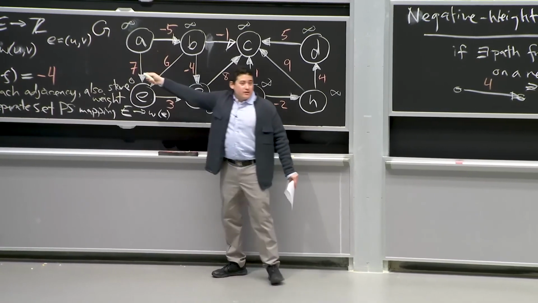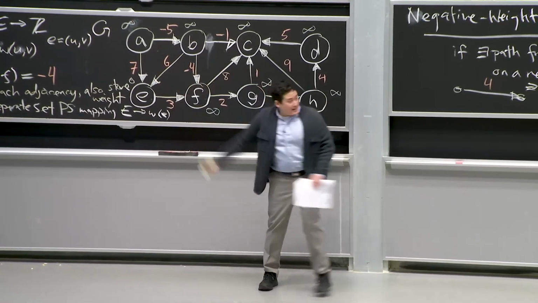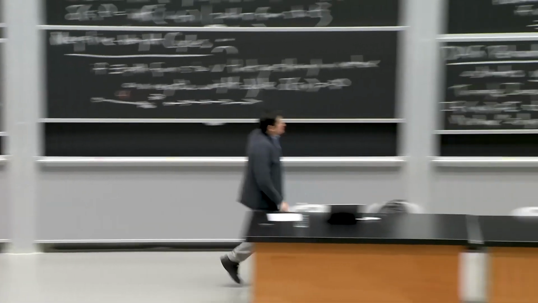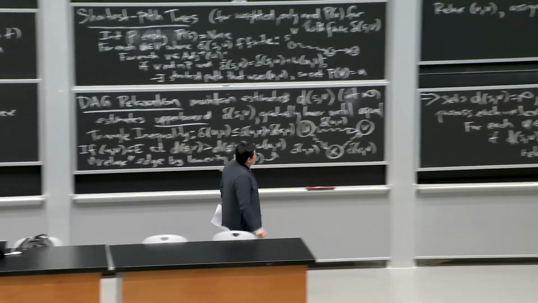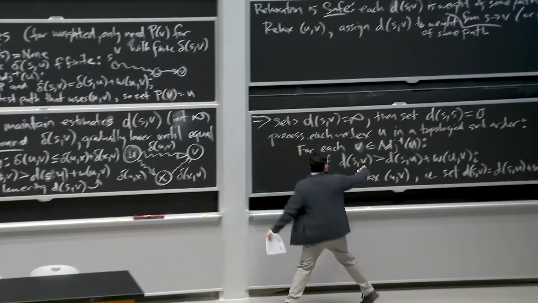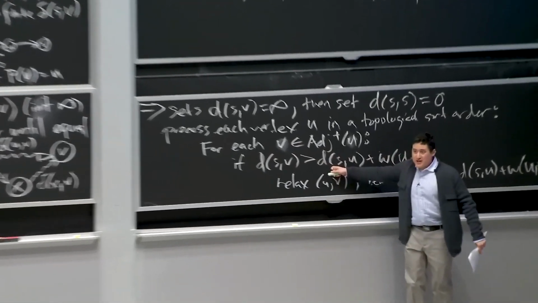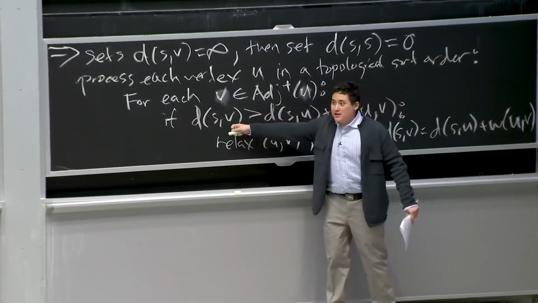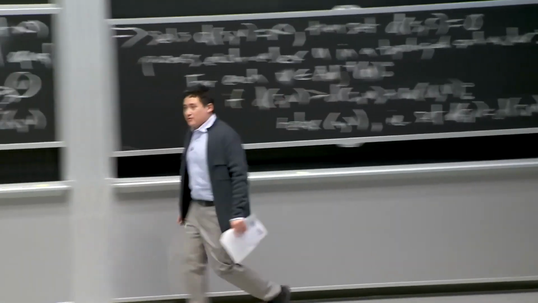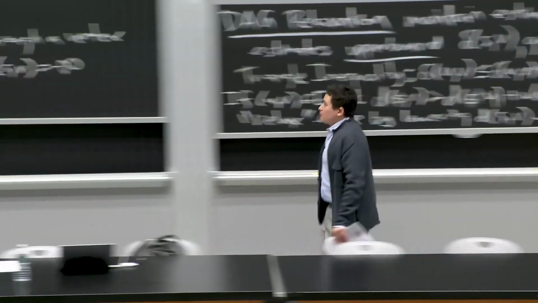But when I get here, clearly a distance to me being infinite can never violate the triangle inequality with something infinite or finite. Doesn't matter, right?